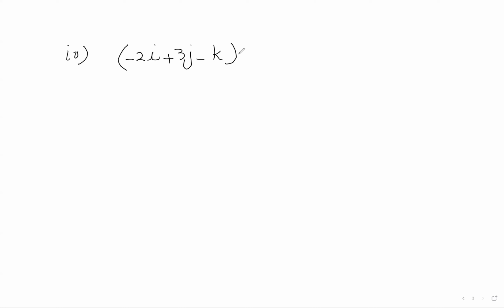Usually I put an arrow on IJK to emphasize they are vectors, but we have worked with this in the last 2 or 3 videos, so we know that IJK are vectors. So I don't need to put an arrow above them. So, dot product with 5i plus 4j minus 3k.